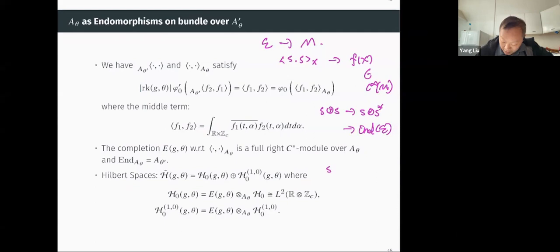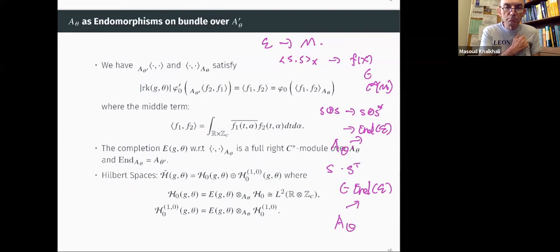I will write S transpose times S, you get a matrix. Probably I think it's the other way: S times its transpose, you get a matrix in the endomorphism of E. So this is something like A theta, and this is something like A theta prime.